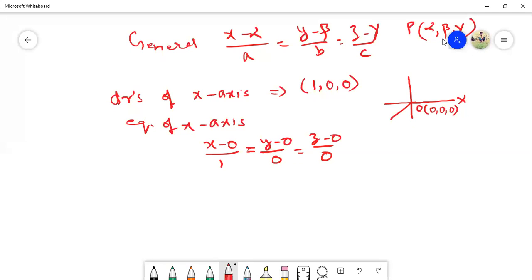The numbers only tell us the direction cosines or direction ratios. Here these are direction ratios as well as direction cosines, because the sum of their squares is also equal to 1. Similarly, we can write the equation of the y-axis. What will be the equation of the y-axis?